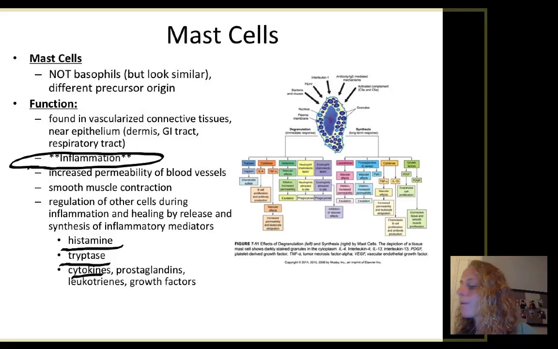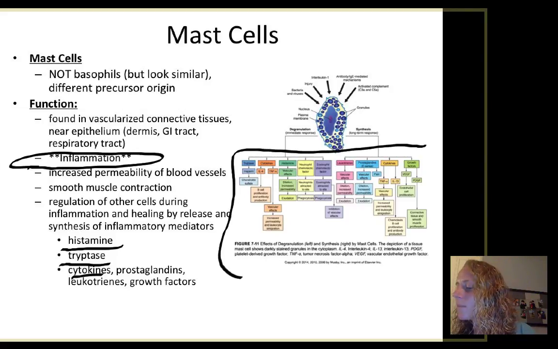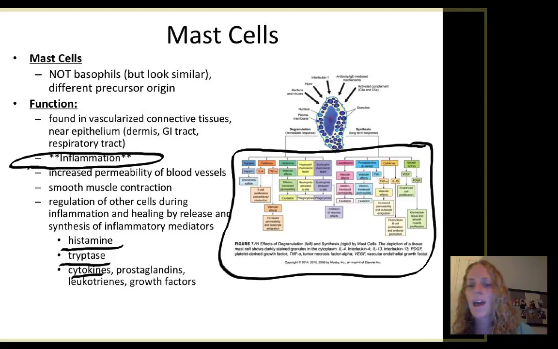Just to show you the complexity of the mediators and the pathways for mast cells, I'm copying this figure here from chapter 7. So these are the effects of degranulation and synthesis in the mast cells. We'll cover this when we talk about the immune system and the pathways of inflammation.